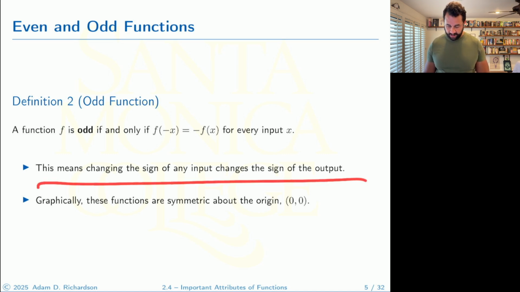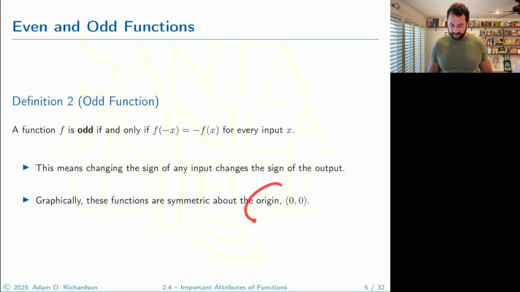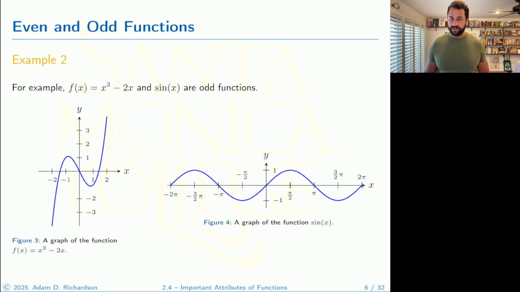That's what it means. Now, these functions also exhibit a symmetry, but it's different than an even function. These functions exhibit symmetry about the origin. So it's like they're reflected through the origin. Or another way of thinking about it is you've got like a double reflection, a horizontal and a vertical reflection. Let's take a look. So here, I've got the graph of x cubed minus 2x.